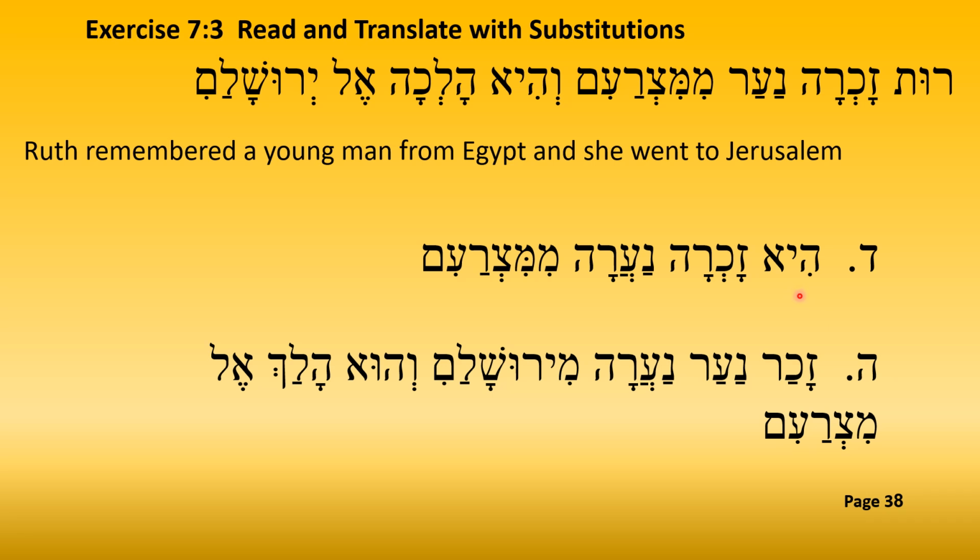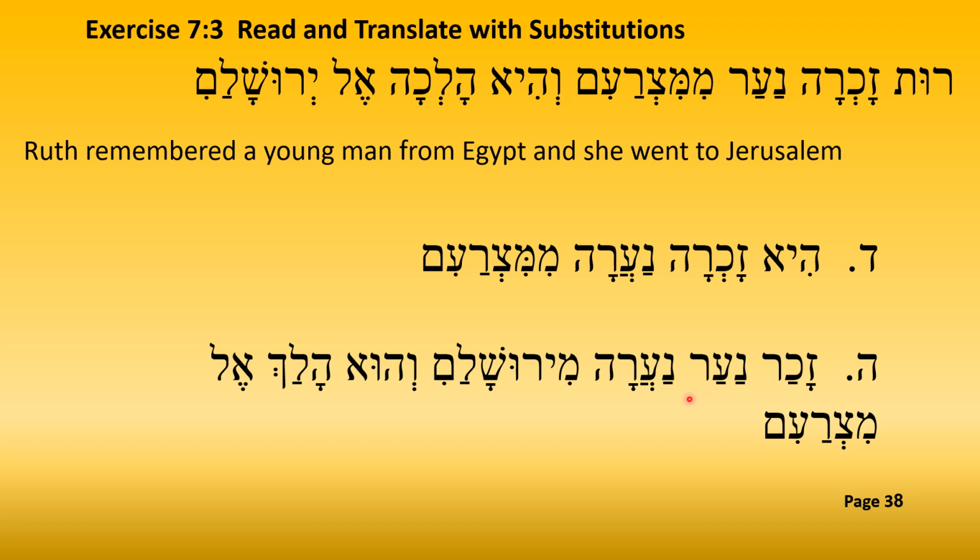And the next sentence, he zachra na'ara mitzrayim. She remembered a young woman from Egypt. Zachar na'ara Merushalayim vihu halach el Mitzrayim. So a young man remembered a young woman.